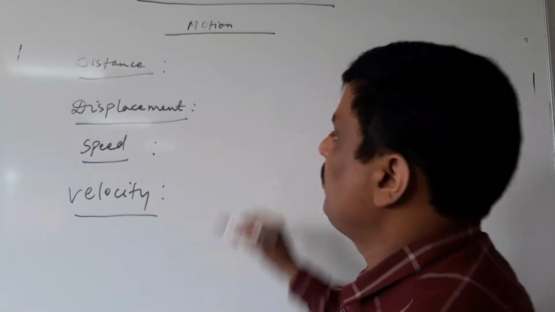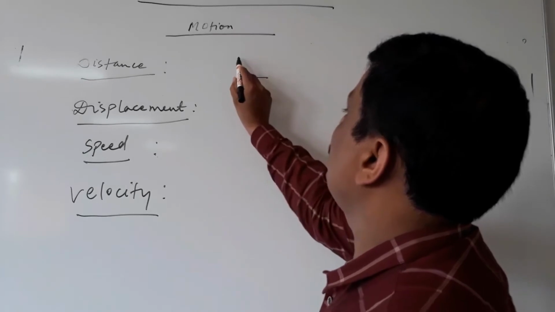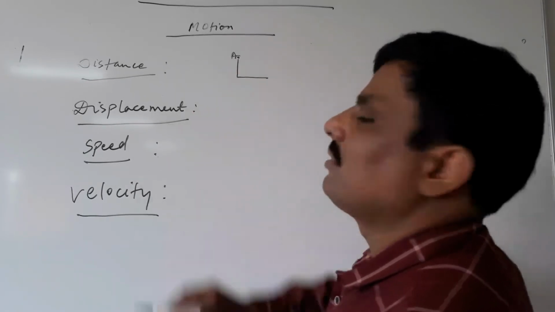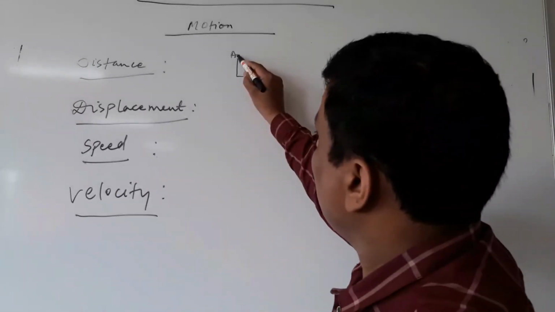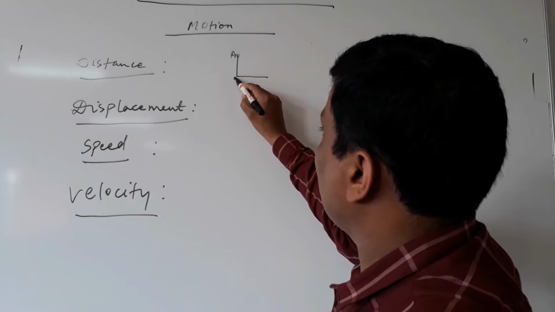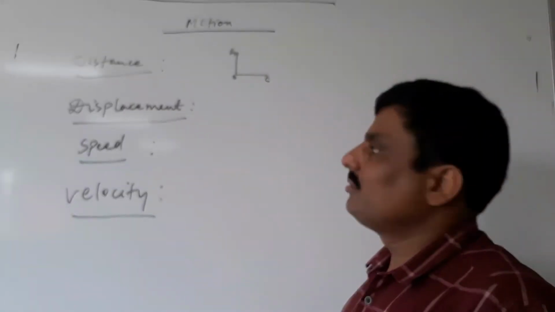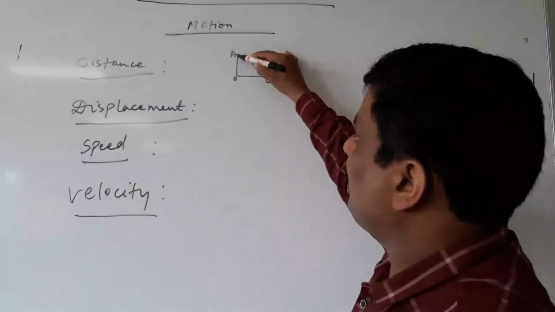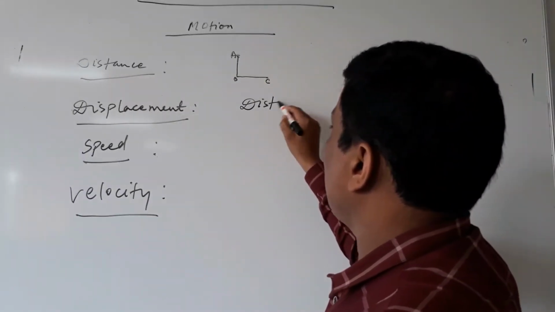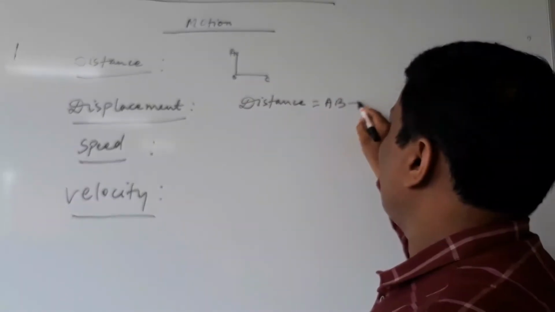Here, for distance, if we see, any object starts moving from A to B and then comes to position C. Then you see, distance is equal to AB plus BC.